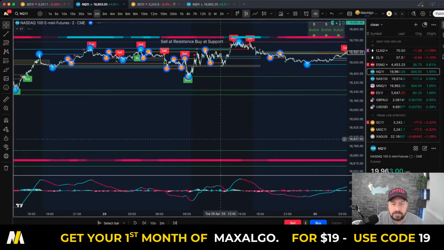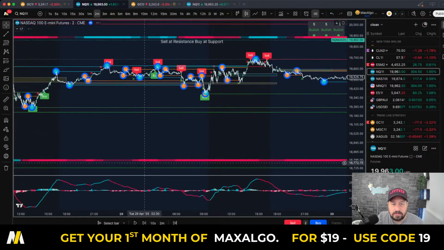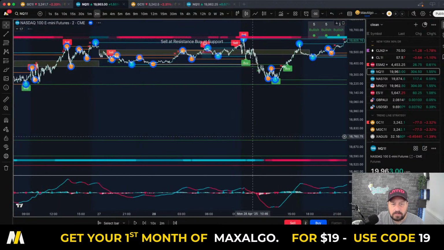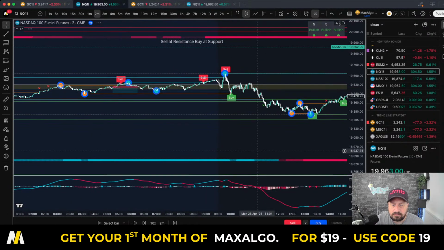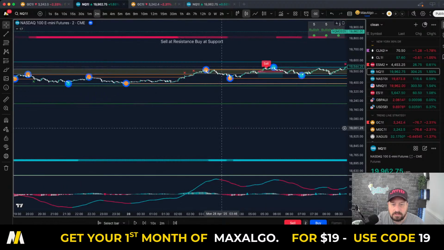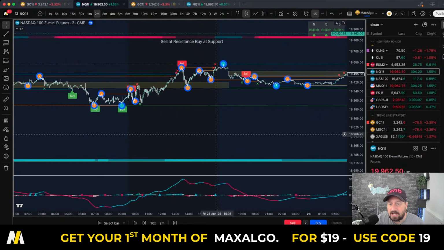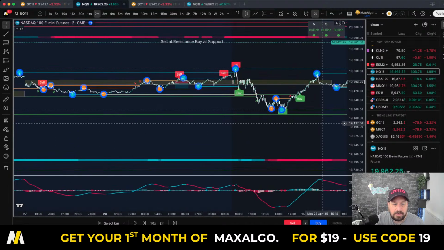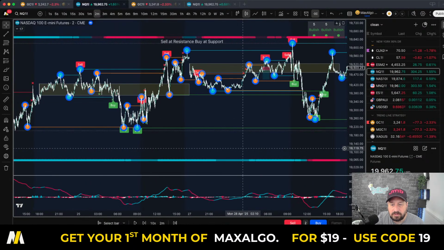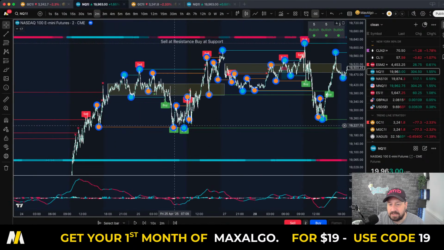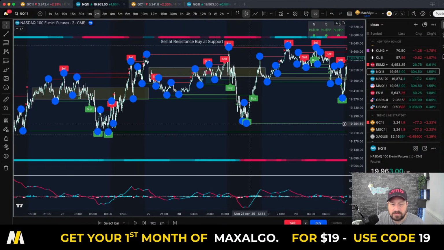So this is previous day high there, and you can see previous day high, grab, reversal. These are previous day lows, so obviously you didn't make it that far.